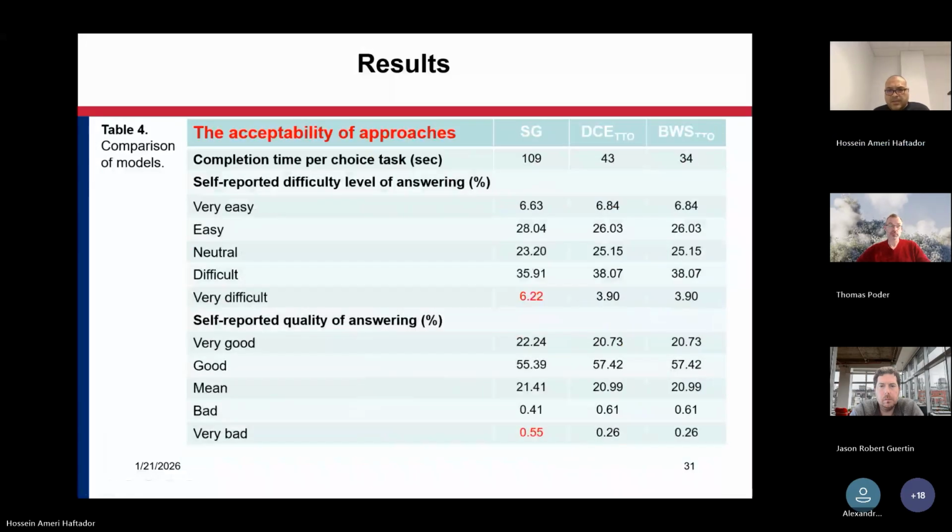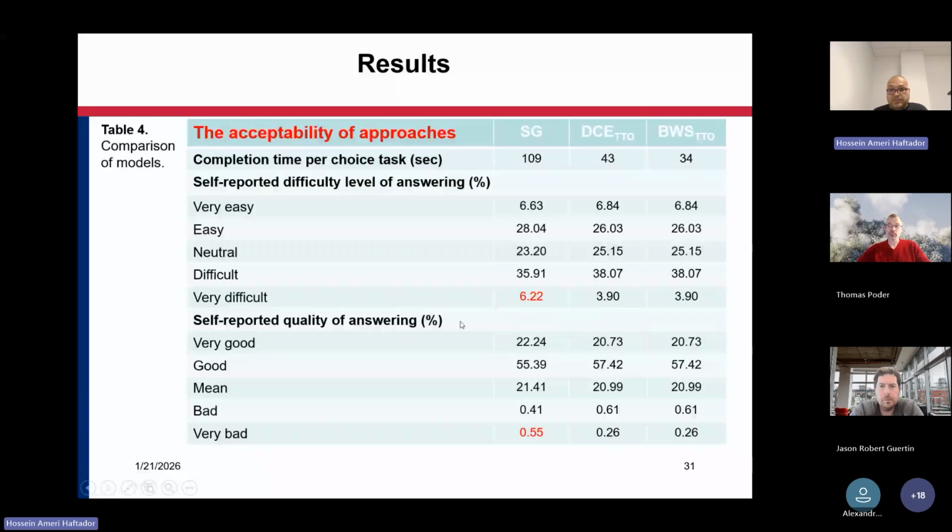Acceptability of approaches shows the standard gamble takes more time, and self-reported difficulty level of answering and self-reported quality of answering revealed the standard gamble is more difficult.